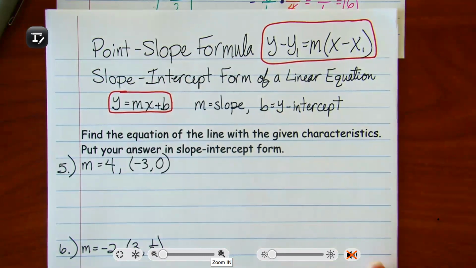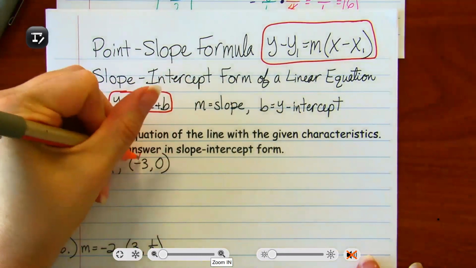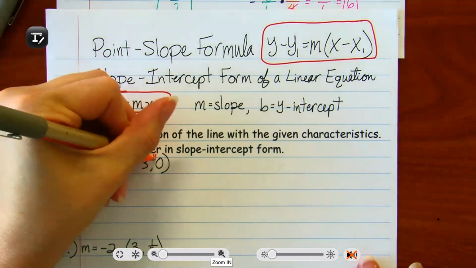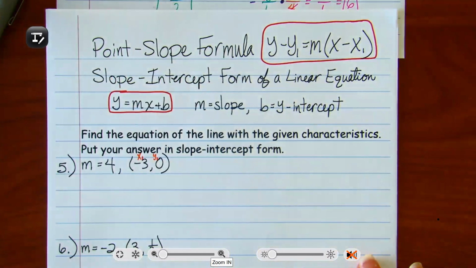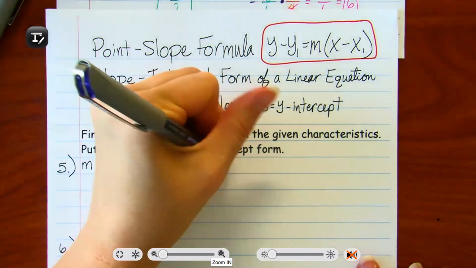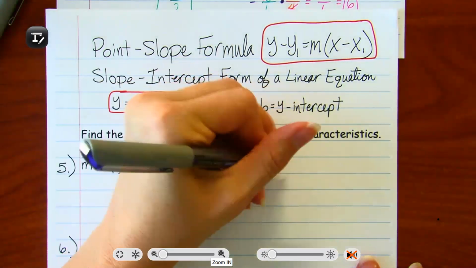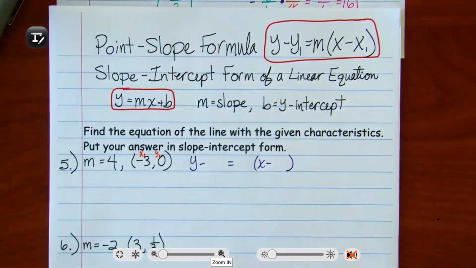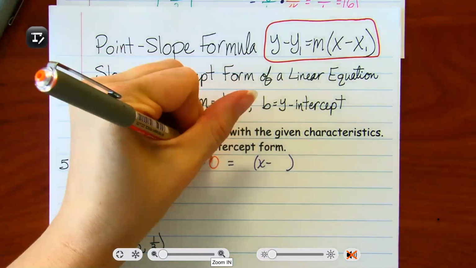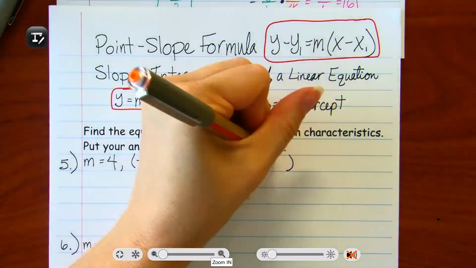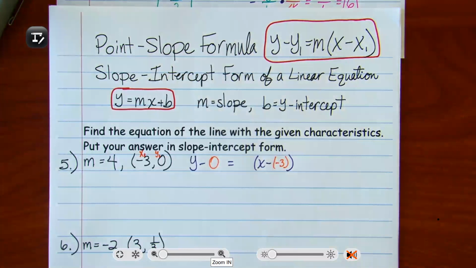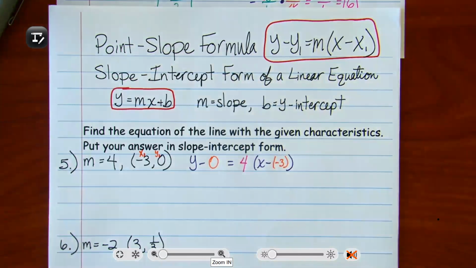So x1 is -3, y1 is 0. So this is kind of my bare bones of that formula. And then I'll plug in 0 for y1, plug in -3 for x1, and then 4 for the m.